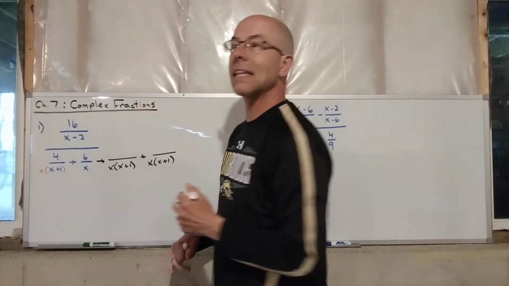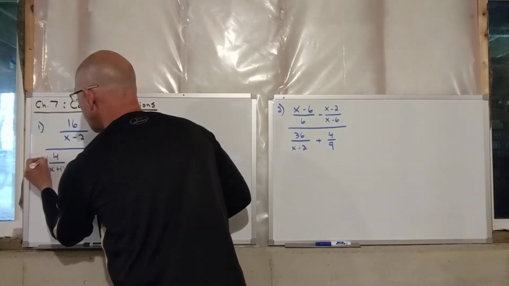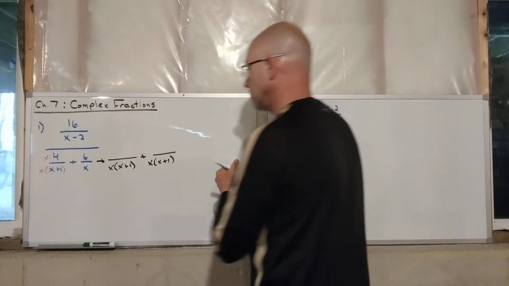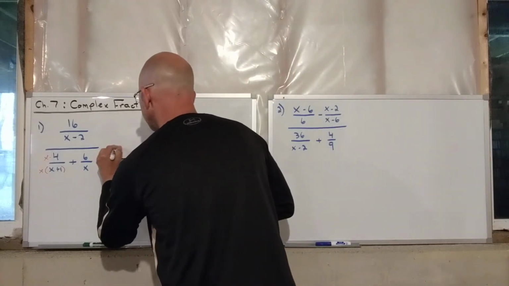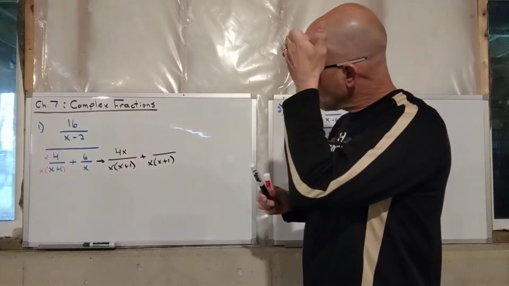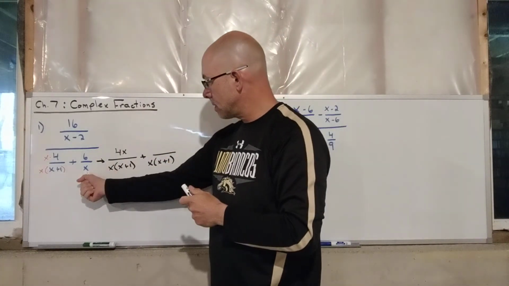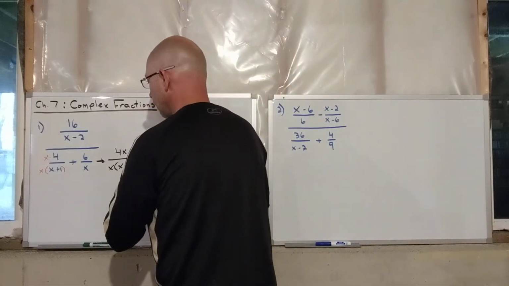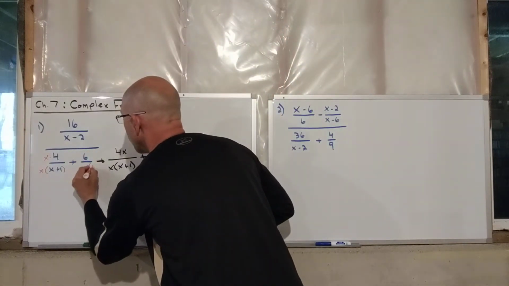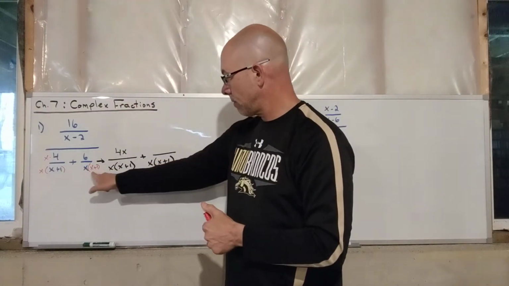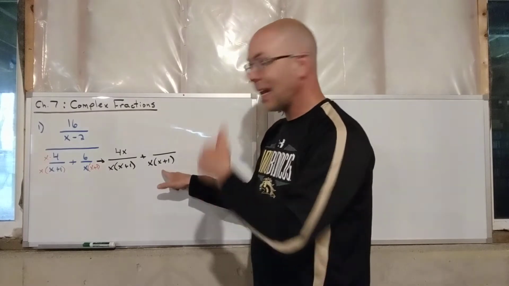You must do that to the top. Multiply this by x. X times 4 is 4x. How does this turn into this? See, if that got multiplied by that, that times that is that.